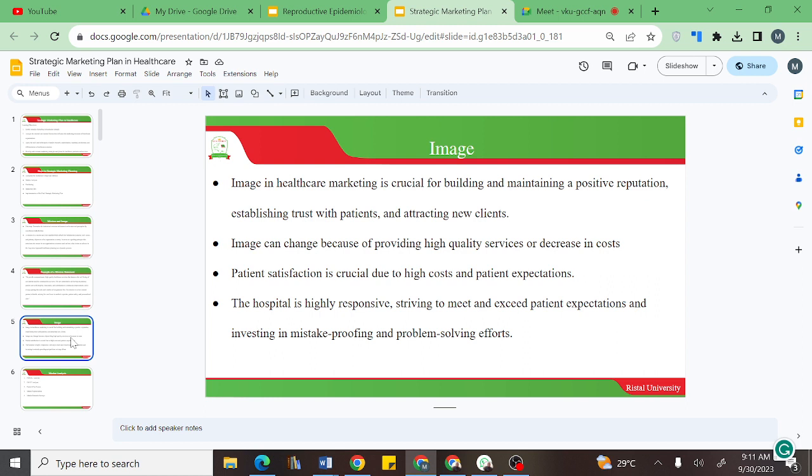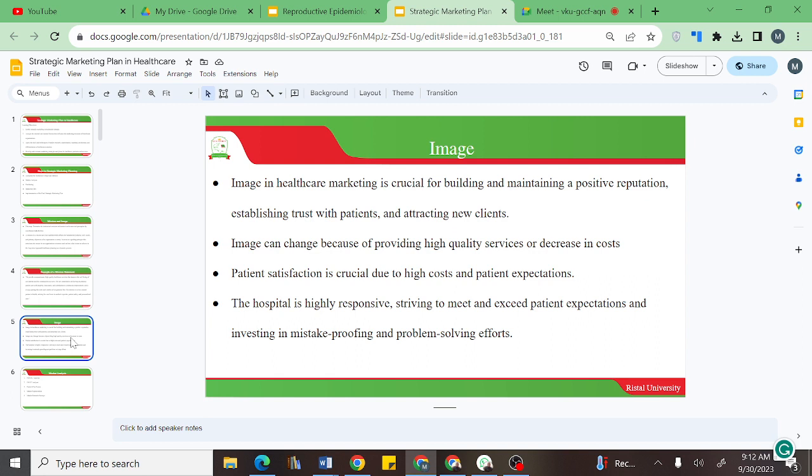Okay, so how do you maintain that image? By providing high quality services, okay, at a reasonable cost, okay, and also making sure that the patients are actually satisfied with the services that you're offering.